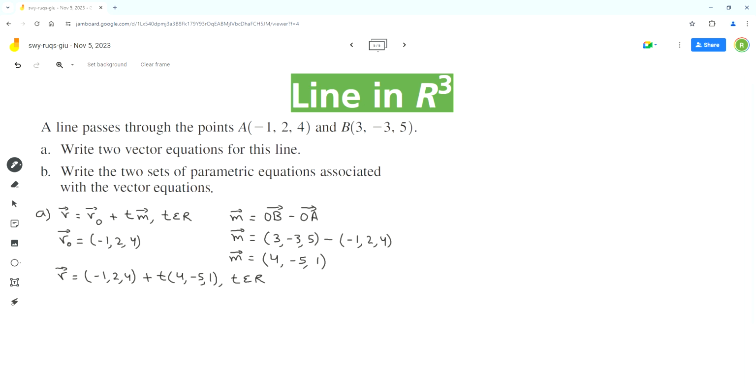Now we can write the second vector equation, and for that we'll use point B for the position vector r0. And we can find the direction vector for the second equation by subtracting position vector OB from OA.